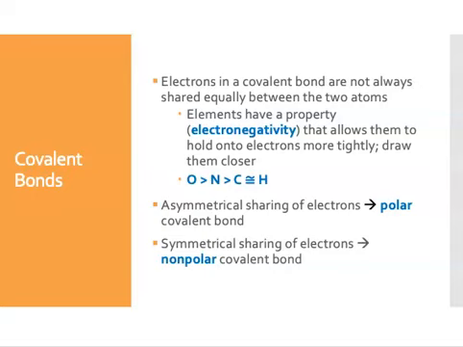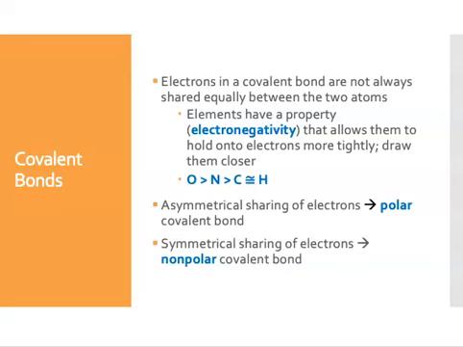All of the elements have electronegativity associated with them, and this allows them to hold on to electrons more tightly or less tightly. In other words, elements that have high electronegativity draw electrons closer to them. Elements that have lower electronegativity cannot hold on to the electrons as tightly as other elements.